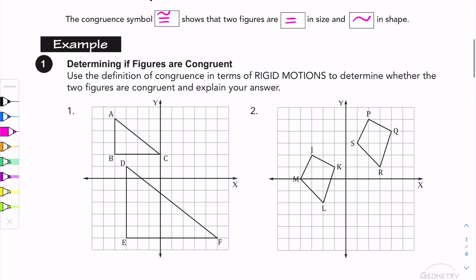All right, looking at the first example, the directions in the set say to use the definition of congruence in terms of rigid motion to determine whether the two figures are congruent and explain your answer. So congruent means same shape, same size.